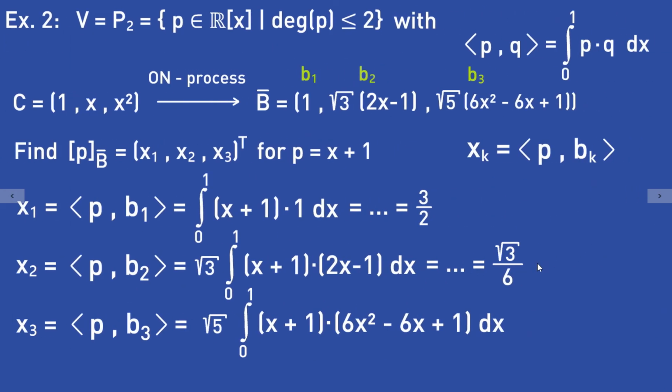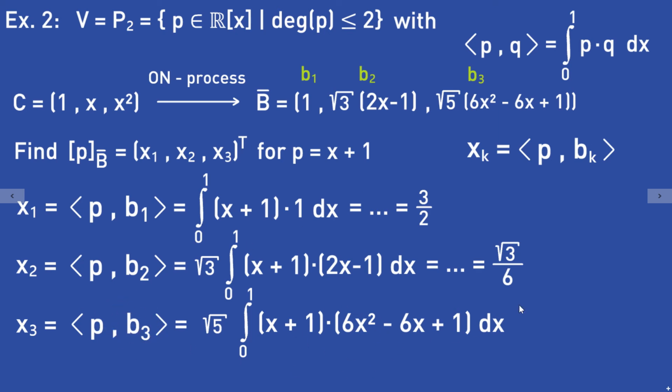Now x3 is equal to the scalar product of P with B3, and this is equal to that integral here. So this here x plus 1 is P again, and that here 6x squared minus 6x plus 1 times the square root of 5 is B3.